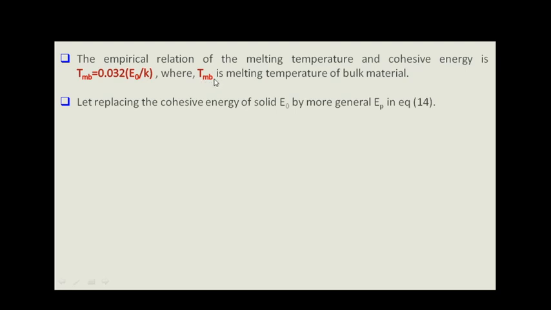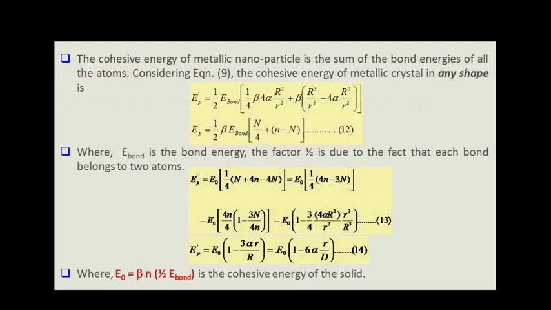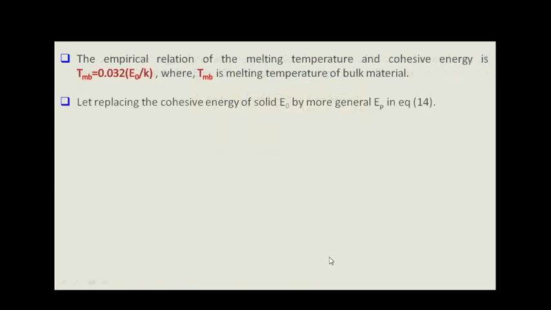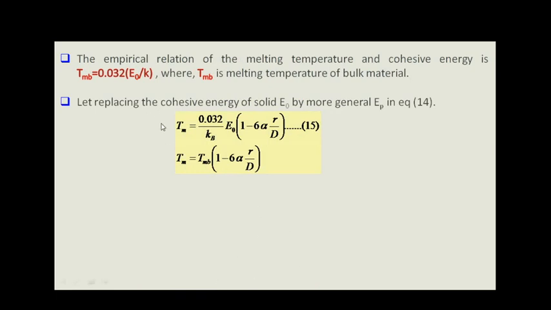So for equation 14, what you have seen in the last equation, E0 1 minus 6 alpha r upon d, the final shape of the equation will be given as Tm equals 0.32 E0 by k into the bracket, equation 14 as it is.